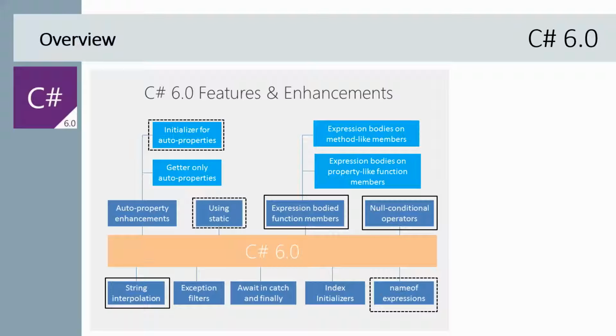For example, the auto property initializer or the using static. That will be more drive-by than actual explanation, but the black box features are the ones I'm going to actually explain to you: how to use them, how they work, and what their use is.